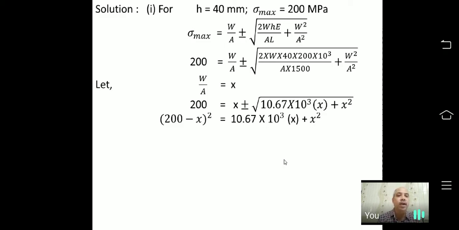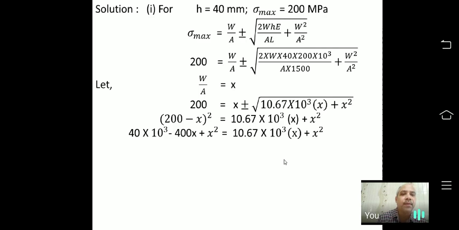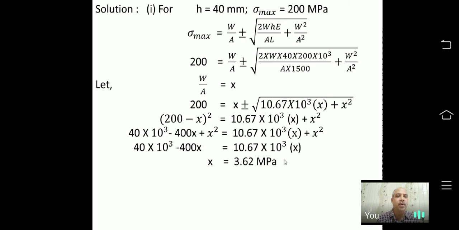Then you can have 200 minus x whole square equal to 10.67 into 10 to the power 3 into x plus x square. So we will get this equation. Now in this x square cancels and my equation will be linear. We do not have quadratic equation over here, and I will get from this equation value of x, and that value of x we are going to get equal to 3.62 MPa, which is W by A.